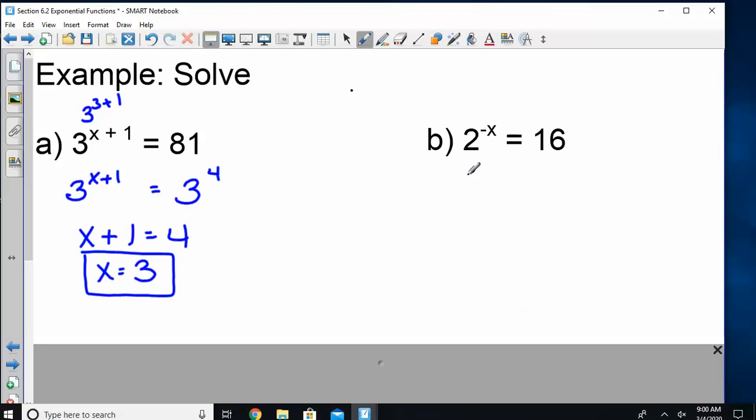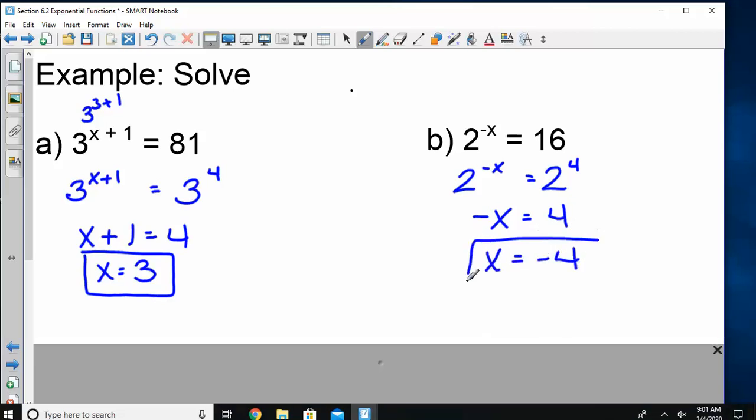You can rewrite 16 as 2 to the 4th. So that means negative x equals 4. So x is negative 4. Again, check it. 2 to the opposite of negative 4 would be 2 to the 4th, which is 16.